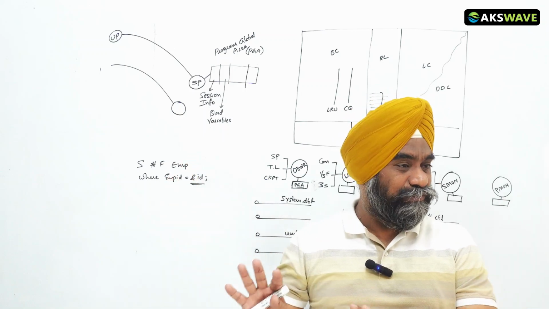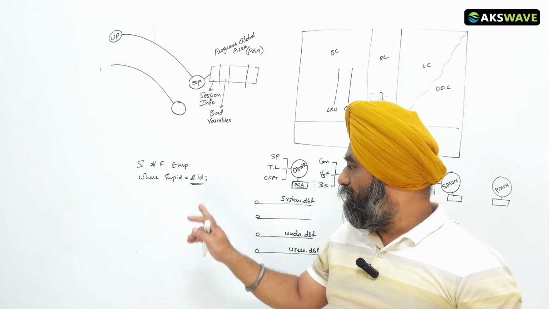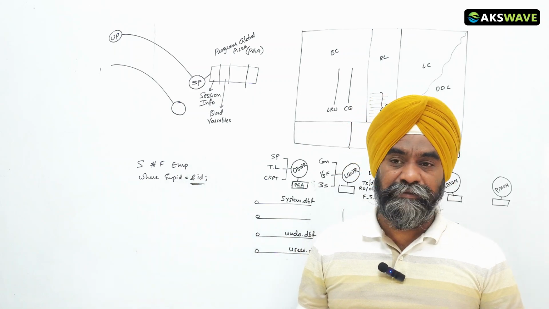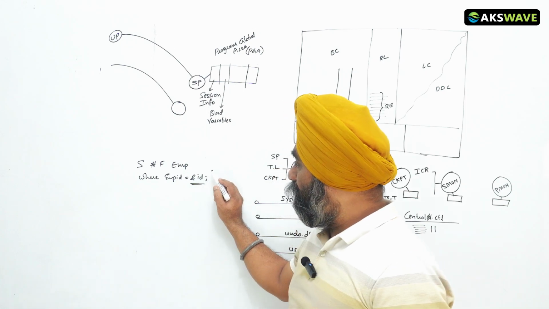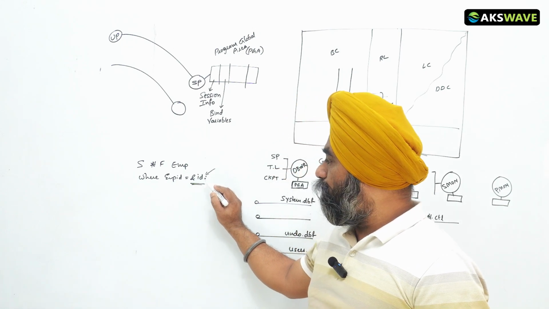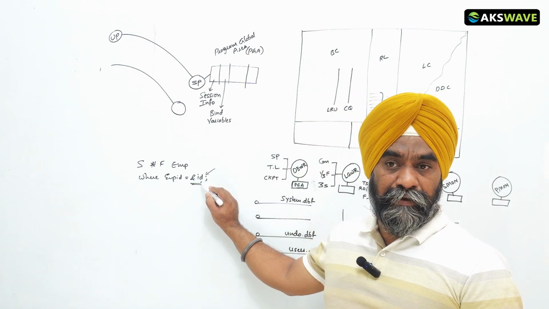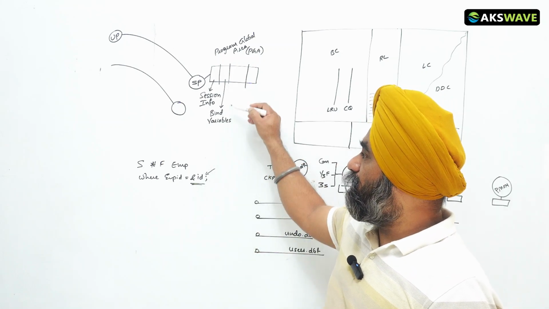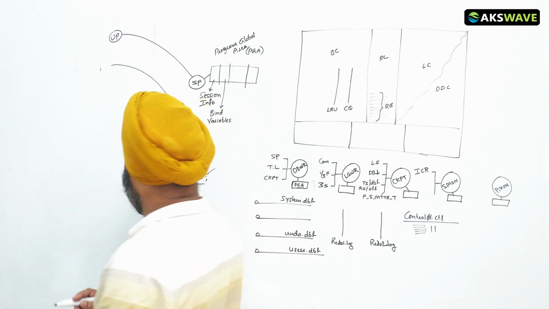Somewhere it has to store that information. These are called variables. Whatever values you enter are passed to these variables, and to store them it uses this area, another section called bind variables.